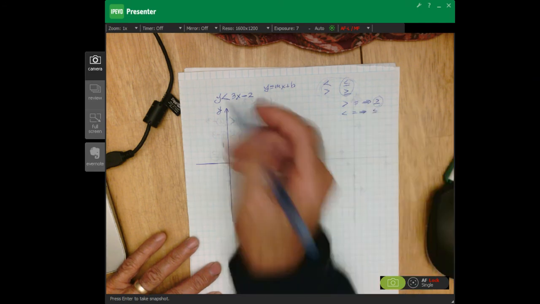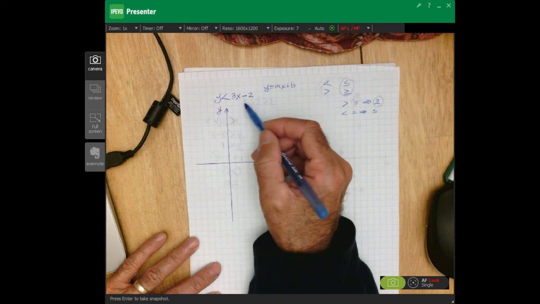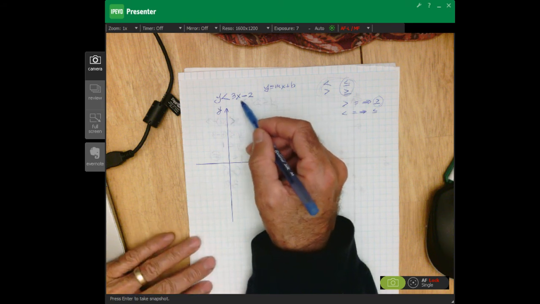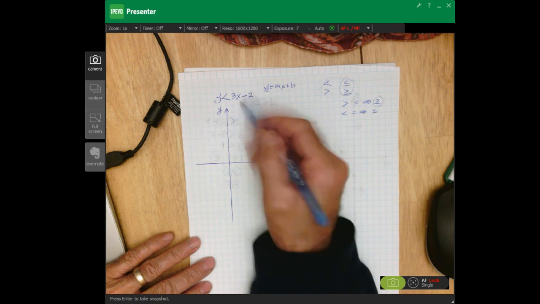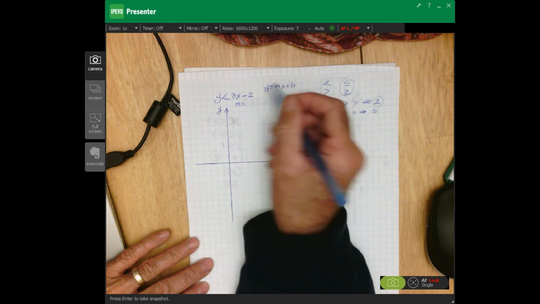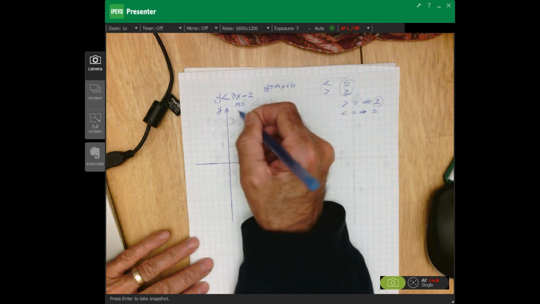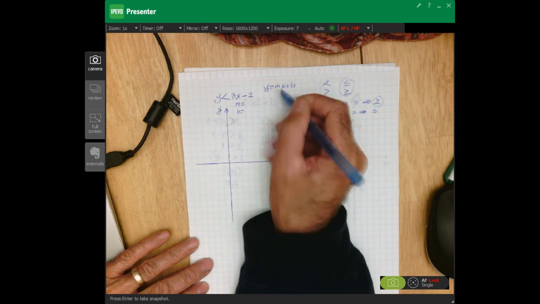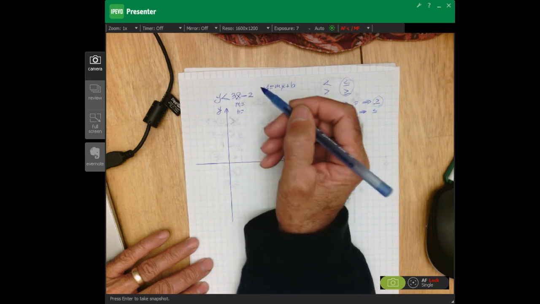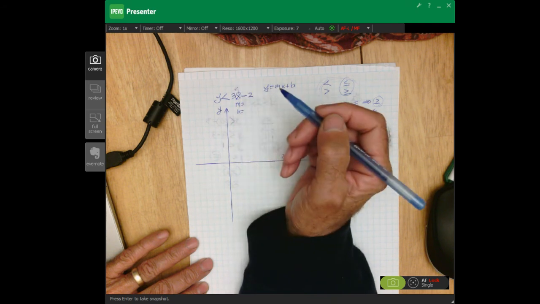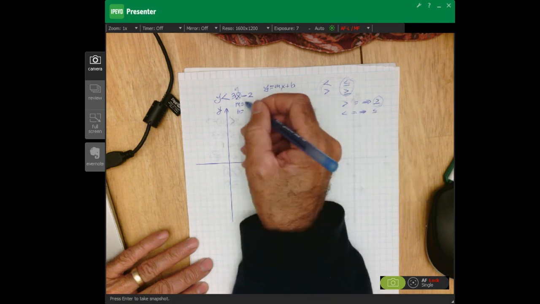Okay? So we're going to start off, and you can graph this any way you want. You can use a table or whatever. The easiest way, since this is in slope-intercept form, is just to use slope-intercept form. So we're going to identify the slope and identify the y-intercept. And just like you would if it was an equality, find the coefficient of x, that's going to be your slope.